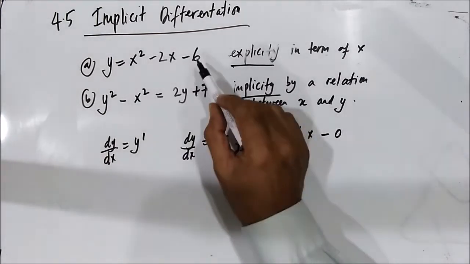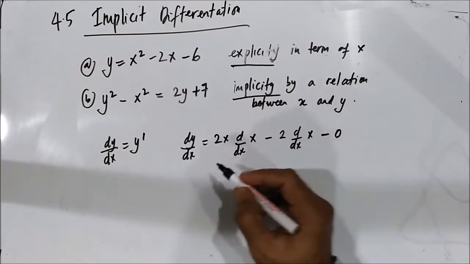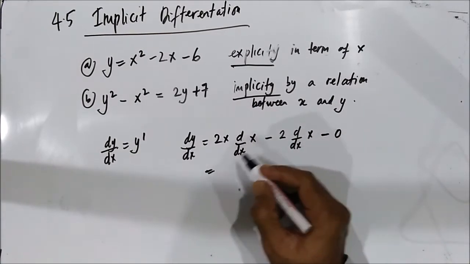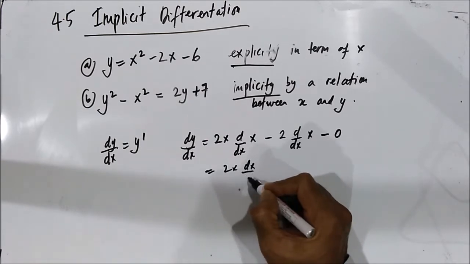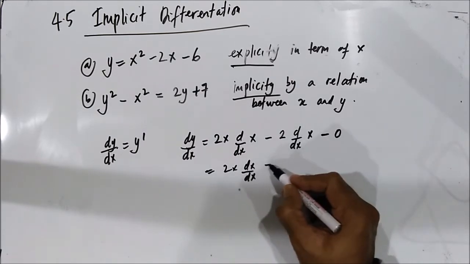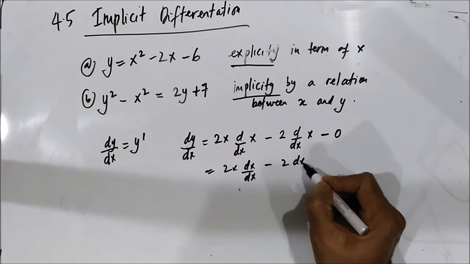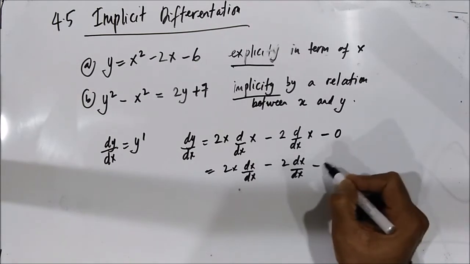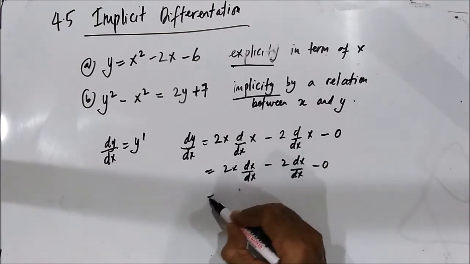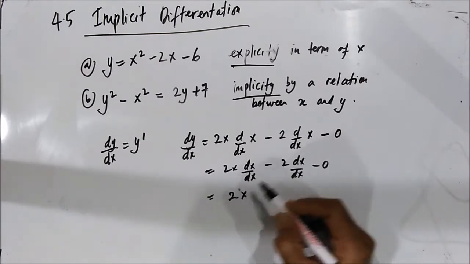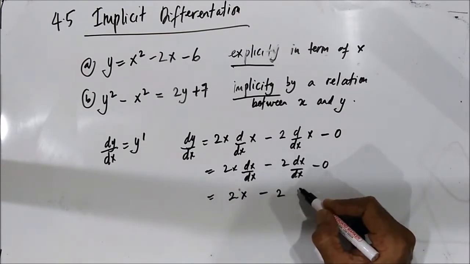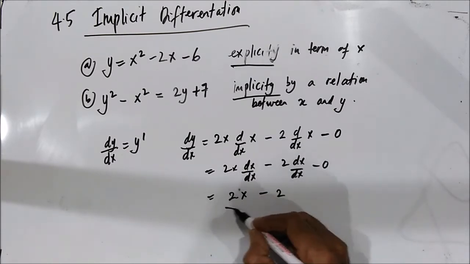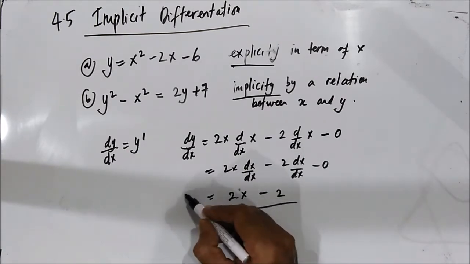The differentiation of a constant is equal to 0. So this can be written as 2x dx minus 2 dx minus 0. Then we have 2x minus 2 minus 0. So this is the final answer for the first one, y prime.